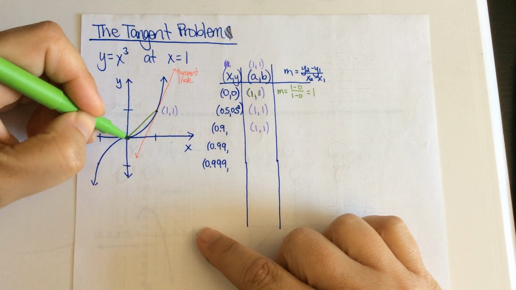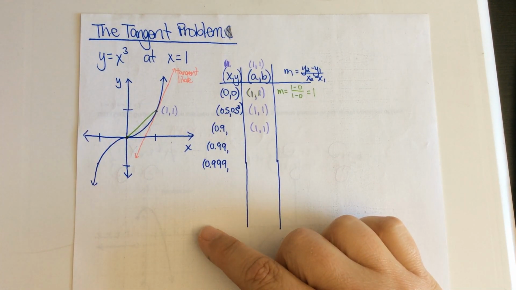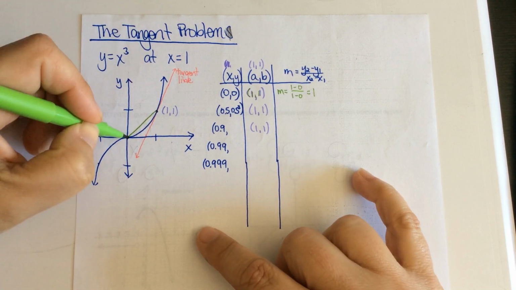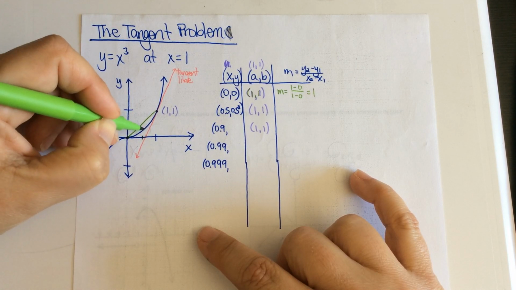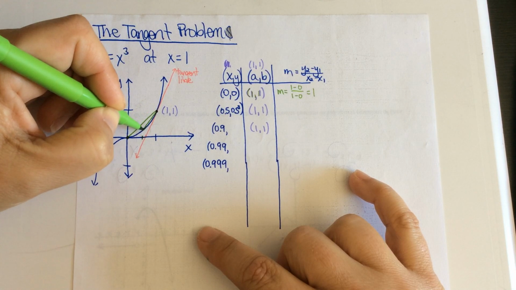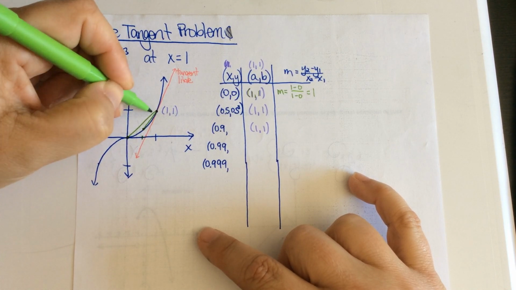So I'm going to work my x value closer to the x value at the point of tangency. Point of tangency is at x equals 1. Instead of having x equals 0, I'm going to go to x equals 0.5, something like that. The slope of that line is definitely closer to the slope of the tangent line than this first one was.